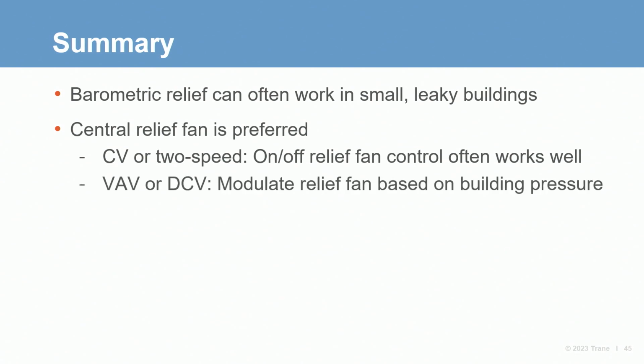But direct measurement of building pressure and using this to modulate the central relief fan offers much better control. This is particularly important in systems with variable speed supply fan control, or demand control ventilation, or if external factors like wind, stack effect, or variable operation of local exhaust fans play a significant role.